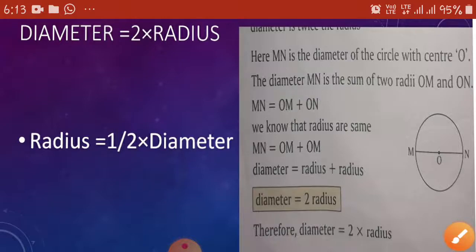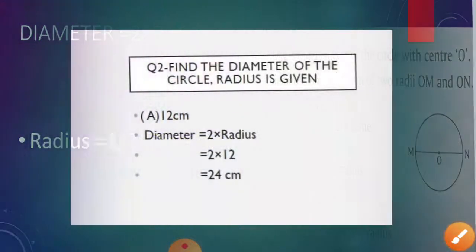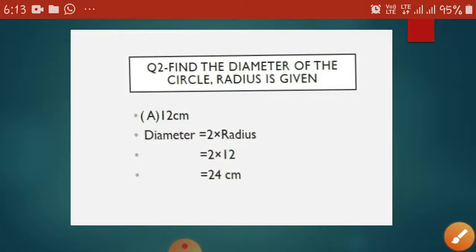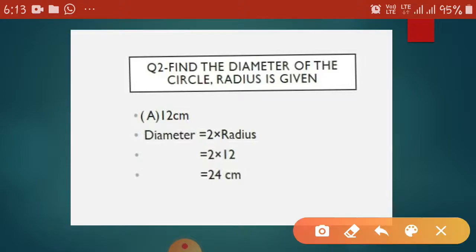Now let's move on to the question. Exercise 9.4 is going on. So we are going to solve question number 2 of exercise 9.4. Find the diameter of the circle whose radius is given. Suppose that this is a circle.